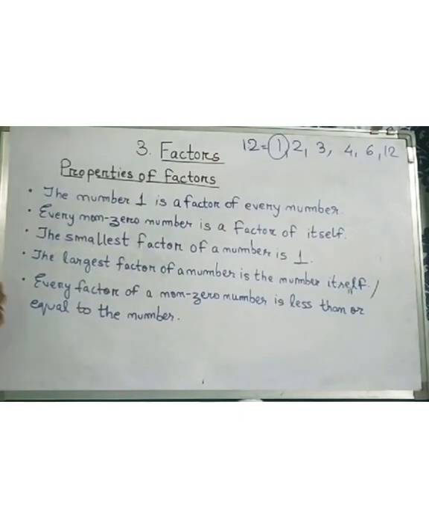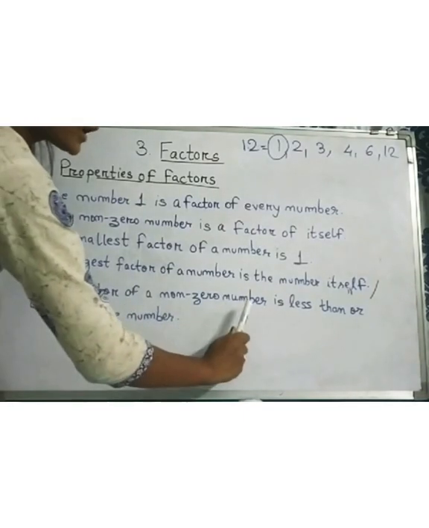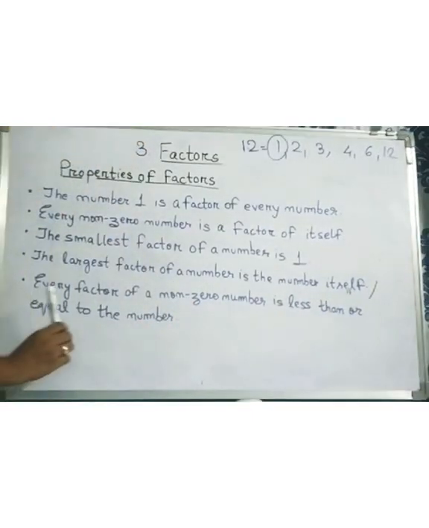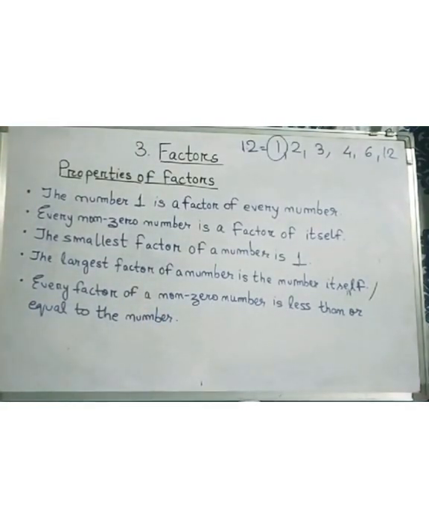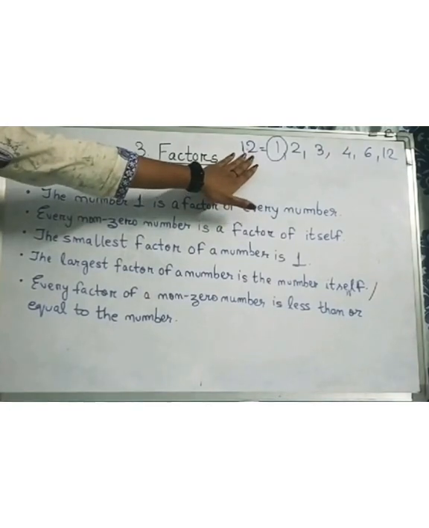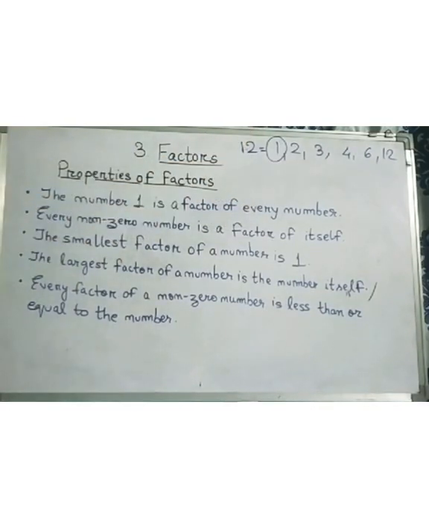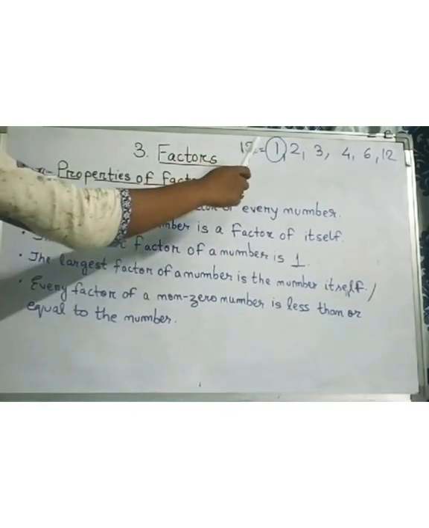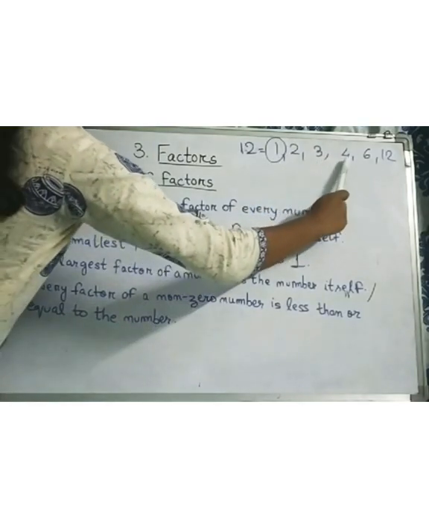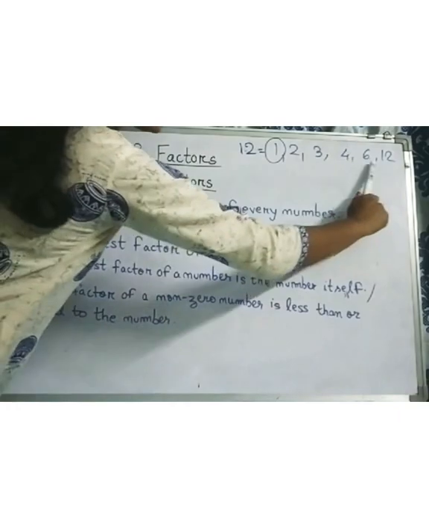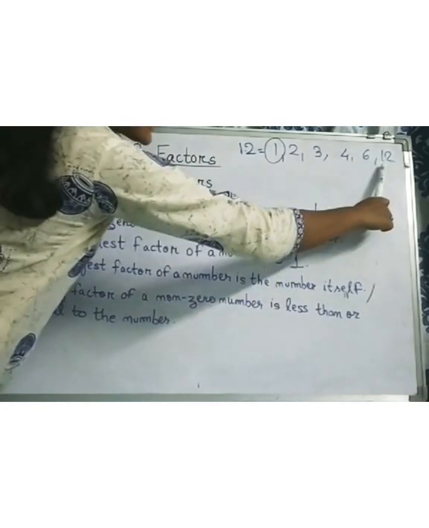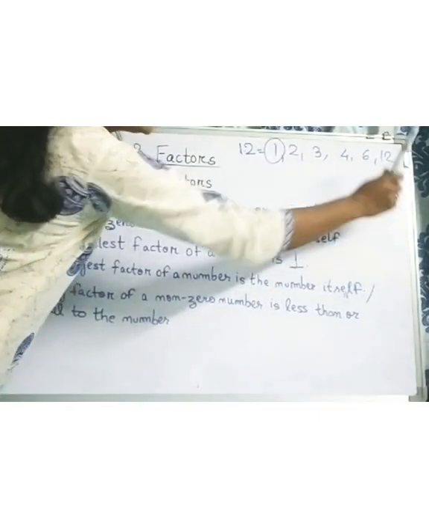Point 4. Every factor of a non-zero number is less than or equal to the number. Now what does this point mean? Example, suppose factors of 12. How many factors can you see here? 1, 2, 3, 4, 6, that is 6 factors. So these factors are less than 12 or equal to 12.